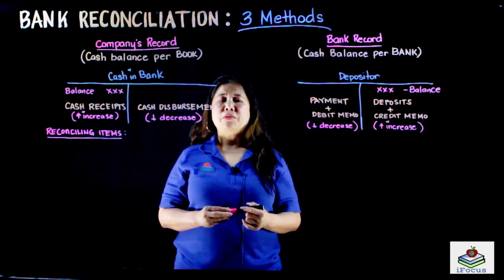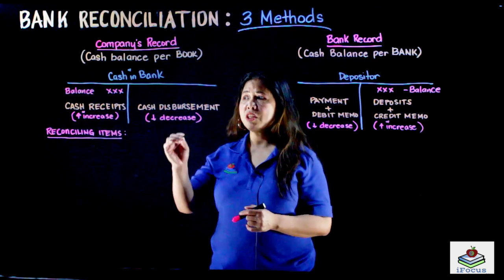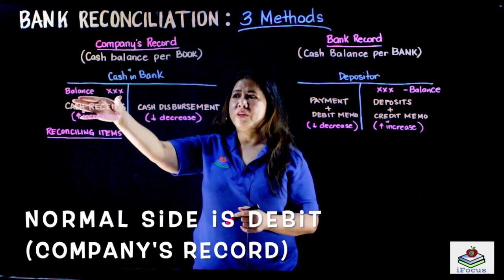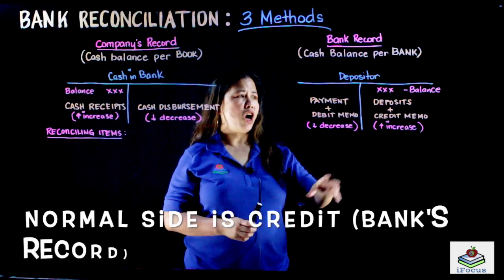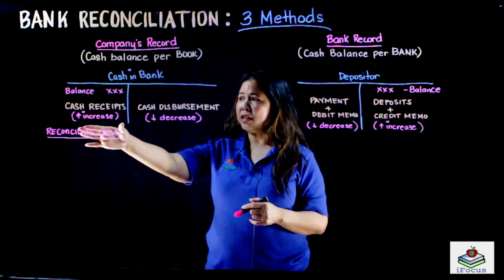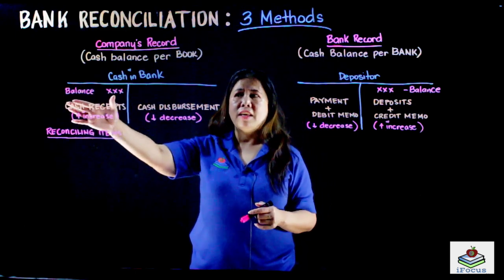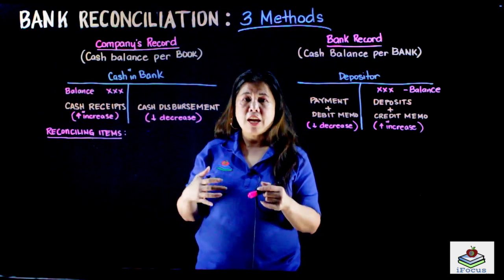On the cash in bank, the company's record, the normal side of the cash in bank on the company's record is the debit side, while the bank's record is on the credit side. So on the company's record, nag-i-increase ang ating balance of our cash in bank kapag nagkaroon tayo ng cash receipts.